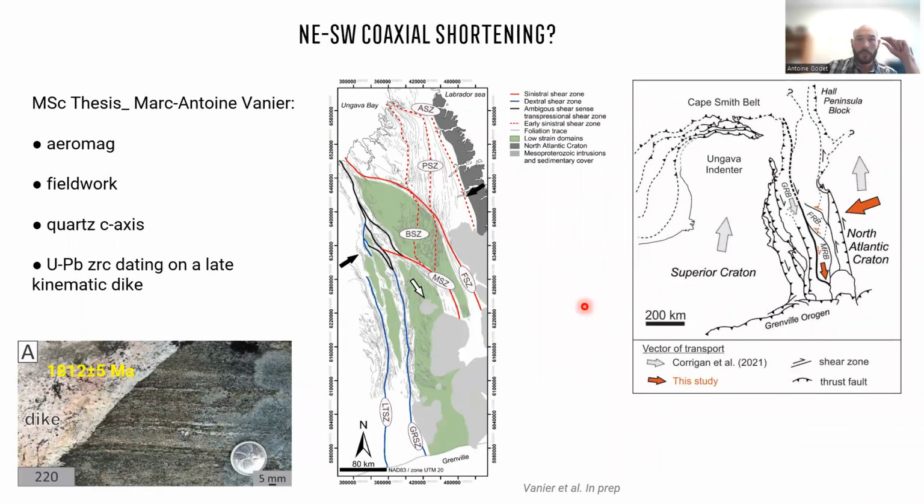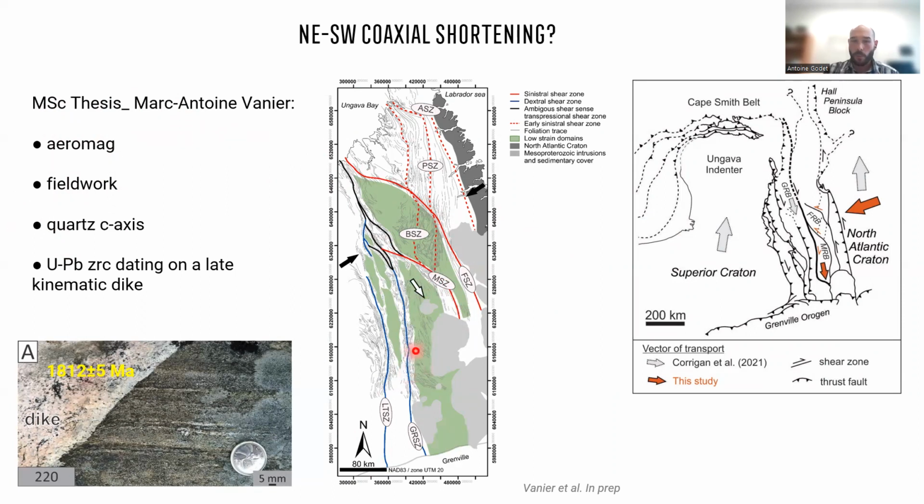This is another example, a model that we are still working on. This is issued from the MSc thesis of Marc-Antoine Vanier, who worked with us at Université Laval. Marc-Antoine put his focus on the aeromag data and fieldwork, quartz axes along major shear zones that bound the different crustal blocks.